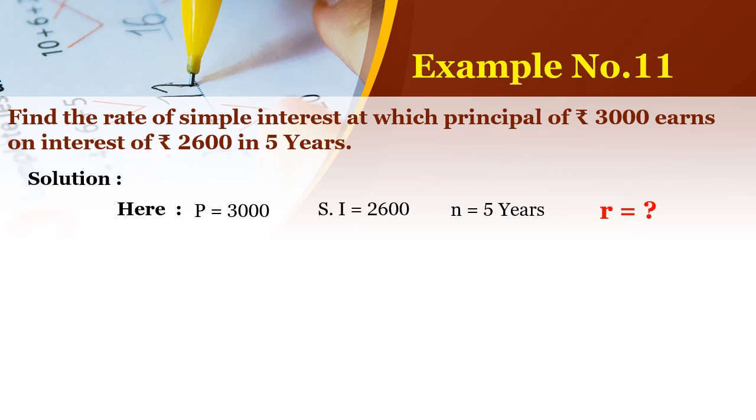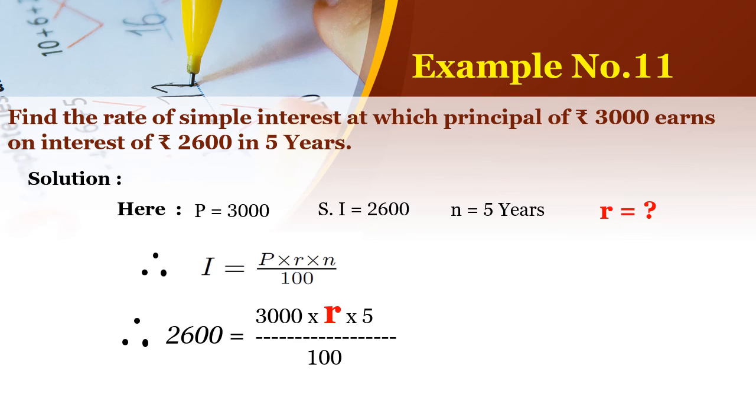These things are given in the problem, and with their help we find the rate of simple interest. So therefore I is equal to P into R into N upon 100, and therefore 2600 is equal to 3000 into R into 5 upon 100. Then we simplify this step.